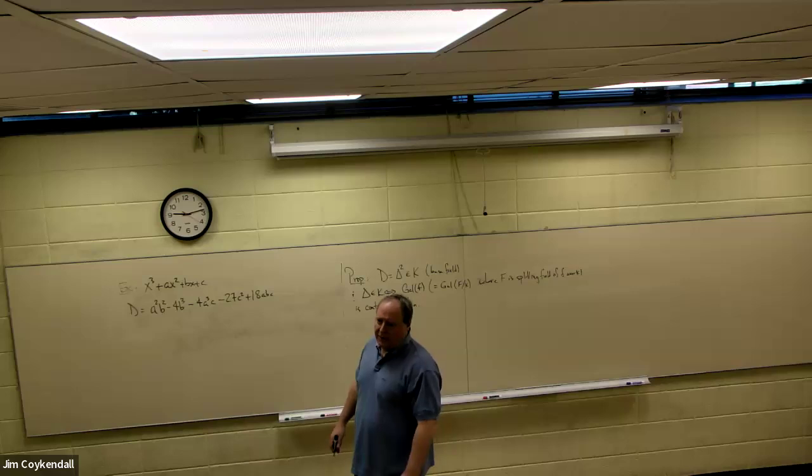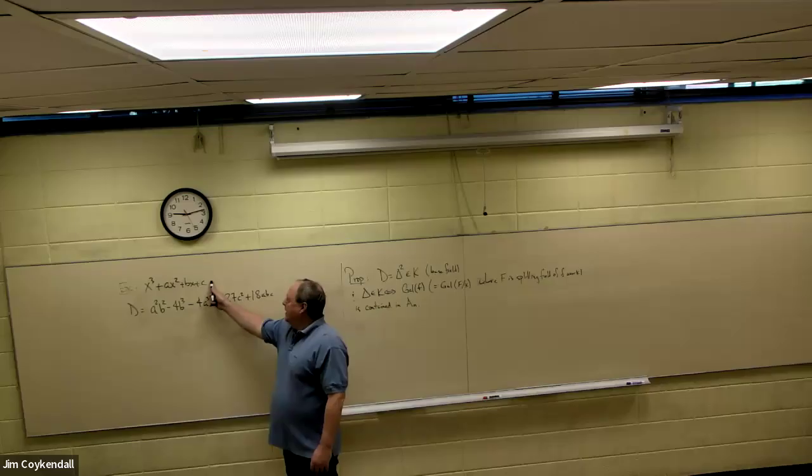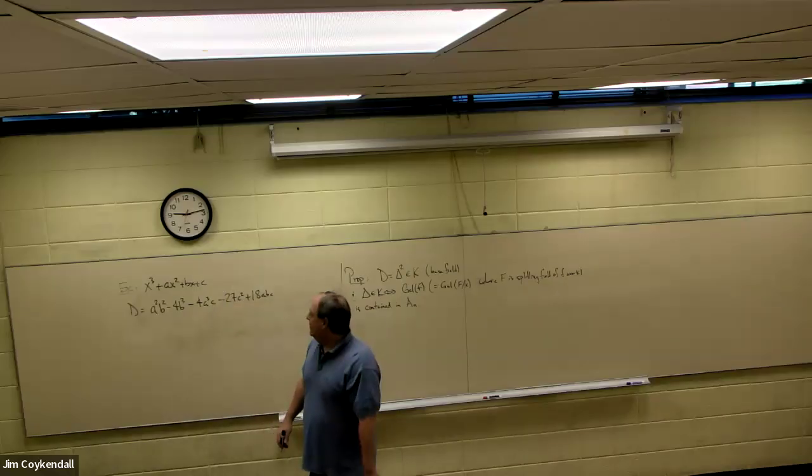You can do this, if you're an extremely patient person, by just letting this be x minus R1, x minus R2, x minus R3, and doing the computation. It's obnoxious, but it can be done.